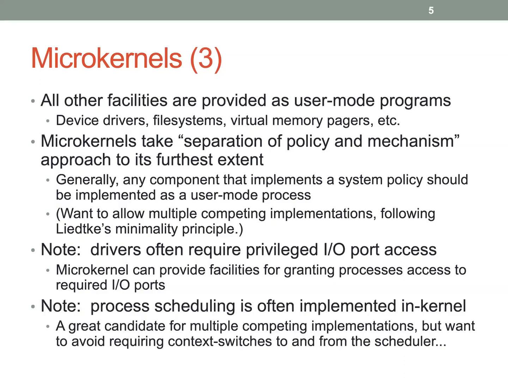Another thing that I want to mention is that I gave the example of process scheduling as an example of something where you might have multiple competing implementations. And that's actually probably a terrible example because the reason why process scheduling is normally brought into the microkernel is because you need it to be fast.